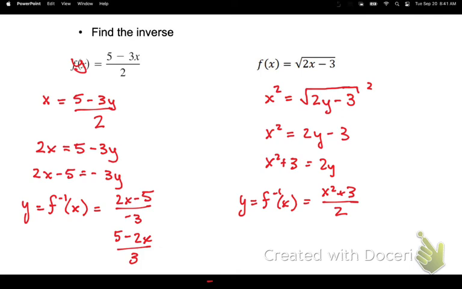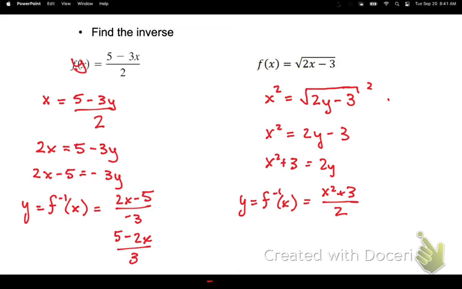Jaden, where'd you get stuck? I don't even know. You lost me like when we did the last one. I squared both sides to get rid of the square root. Oh, I kind of got that one. I just started to confuse myself when putting it in to check if I got it right.